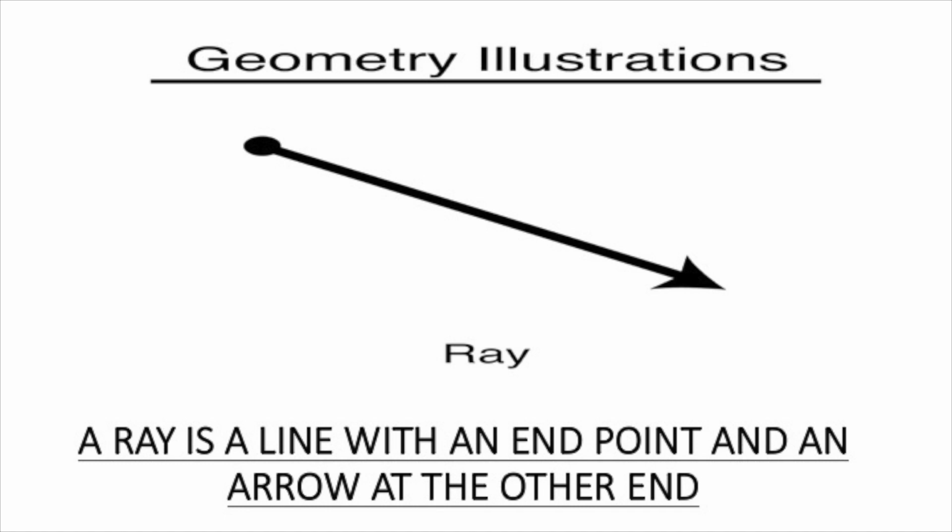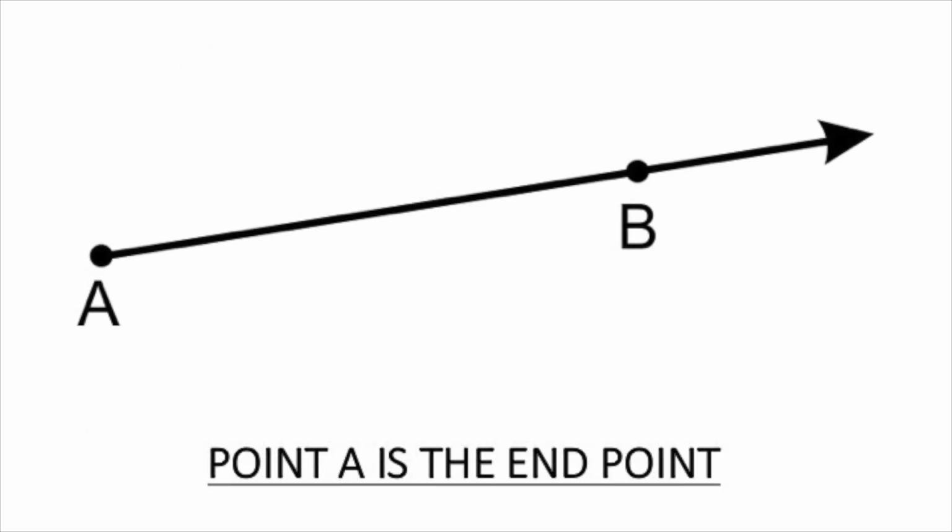And the way that the arrow is pointing tells us the direction the line is going. So for example, this line is continuing in this direction. Point A is the end point. See here, at the end of the line, point A.